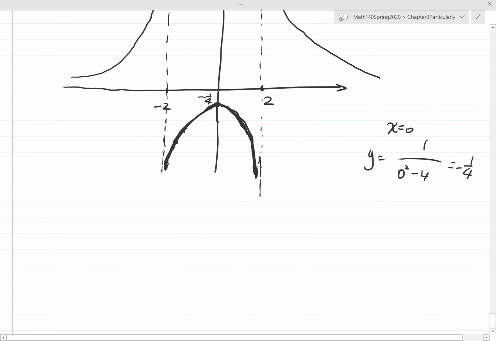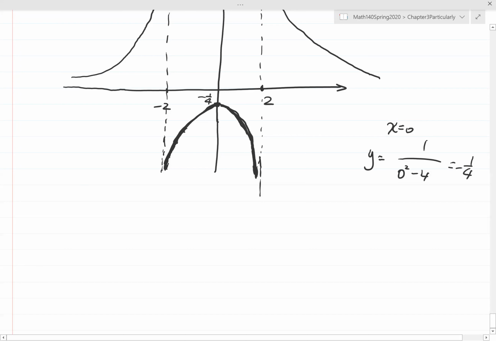The key to working on this kind of problem, when you are given an explicit formula of a function, is to first look at the domain. Then find its symmetry, whether it's even or odd. Then find its first and second derivatives, and determine when they are positive and negative.